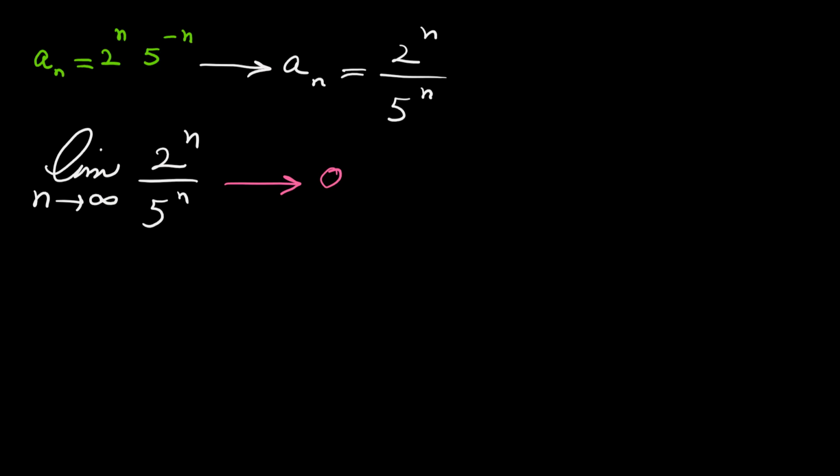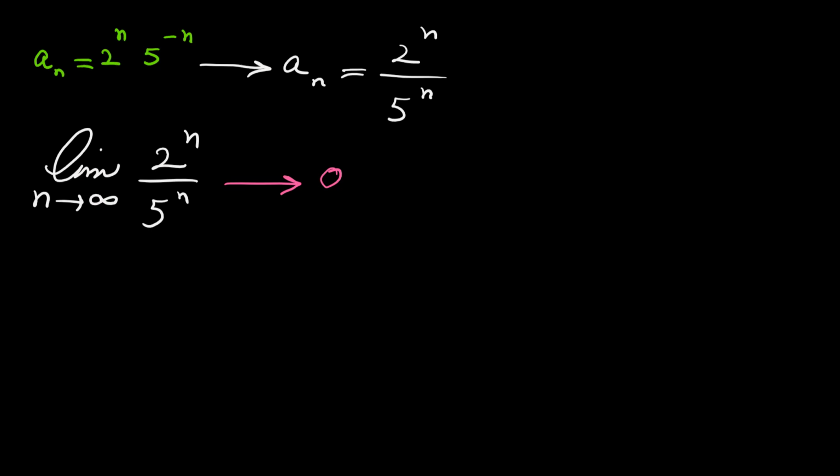Both of these are exponential, so they grow very fast. But which one goes to infinity faster? Definitely 5 to the n, because in 5 to the n, you multiply 5 by itself, so it becomes larger and larger, faster than 2 to the n. So the limit should be 0.